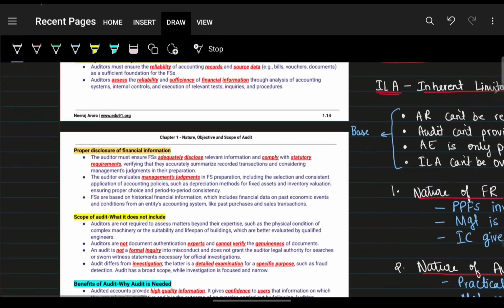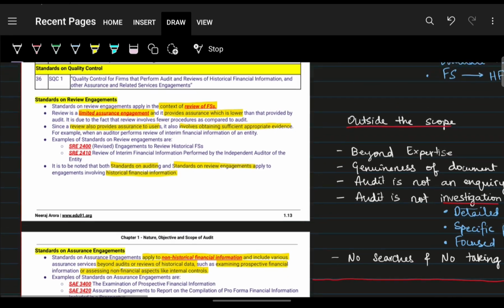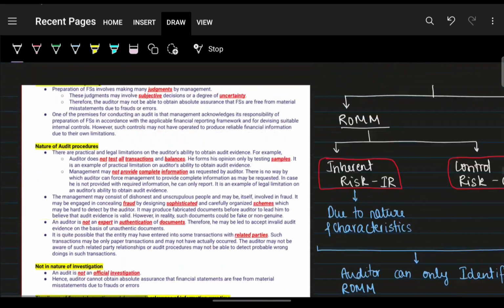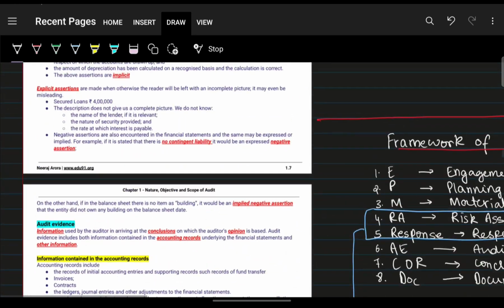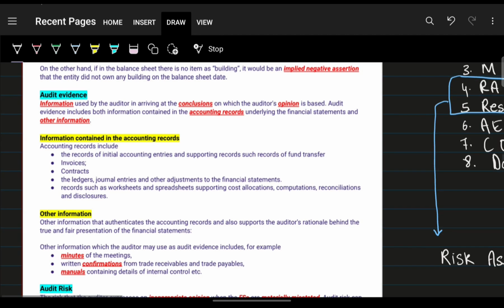We'll just go back to the material here, and this will just come from the top. I think we had to start from audit evidence, right? Yeah. So here, information used by the auditor in arriving at the conclusions on which the auditor's opinion is based.